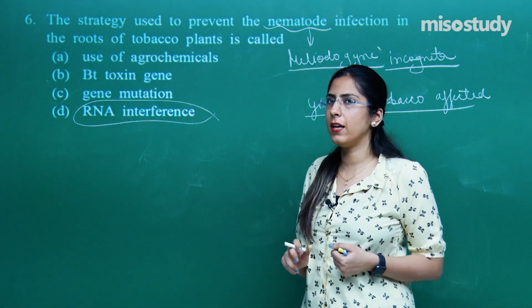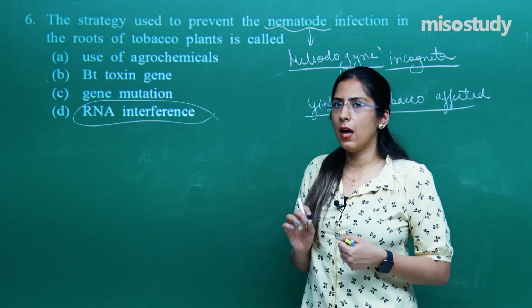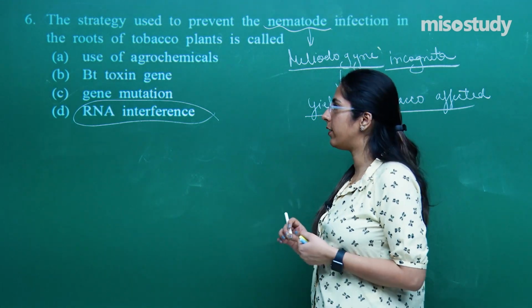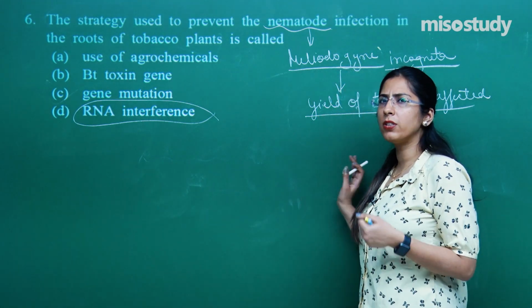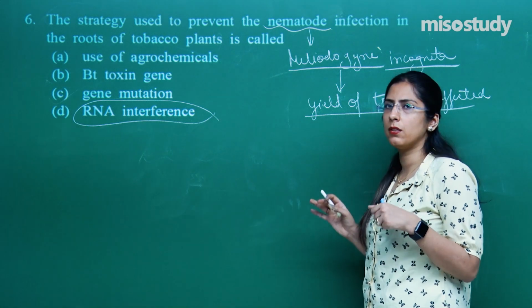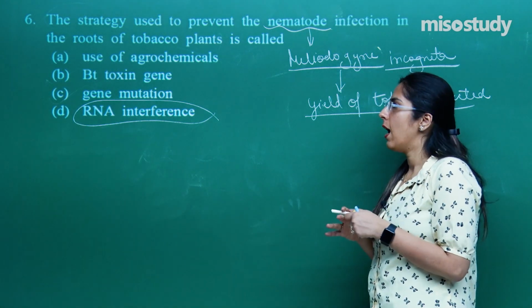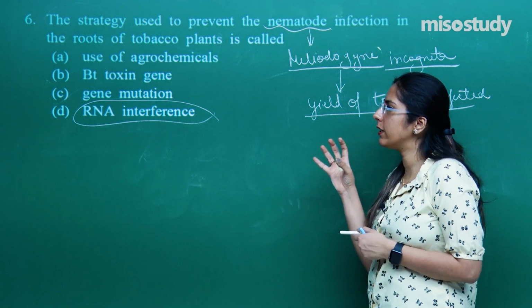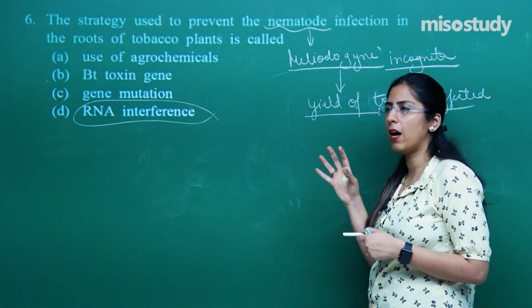The correct option is RNA interference, iRNA. Now how is this iRNA related to this? When I was talking about this session, the whole chapter sessions, I have already discussed this RNA interference and why it is important.